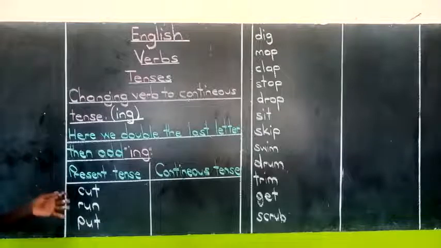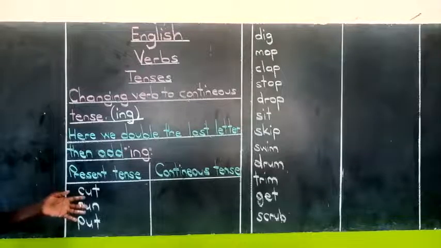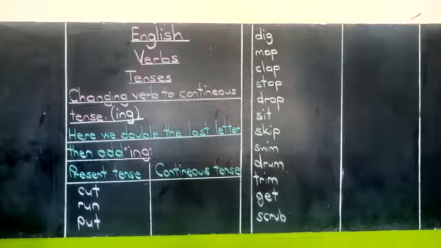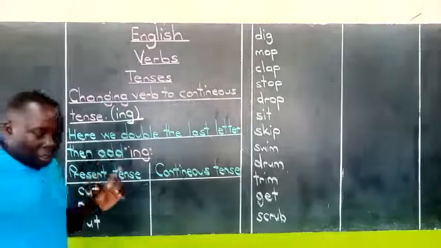Mostly when you look at these verbs where we double the last letter, they end with letter T, letter N, letter M, letter P, and G. Most of them, even letter B. Most of them end with those consonant letters.